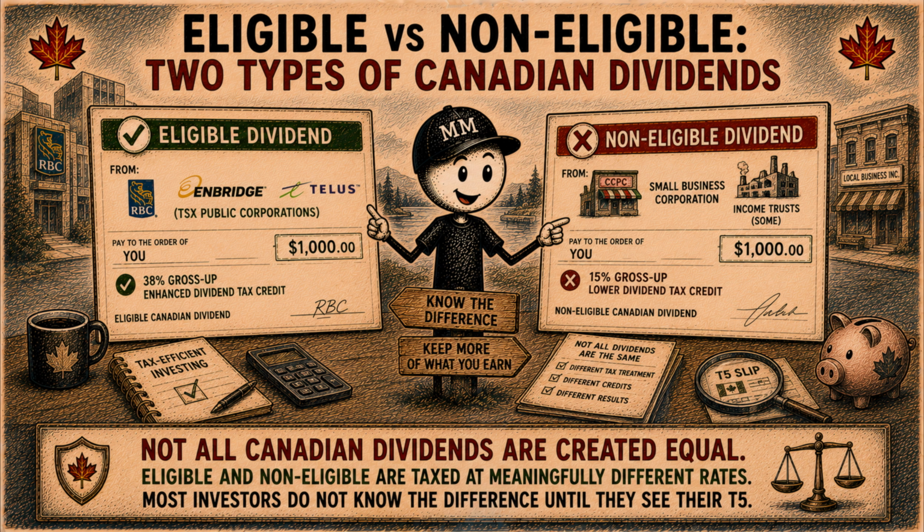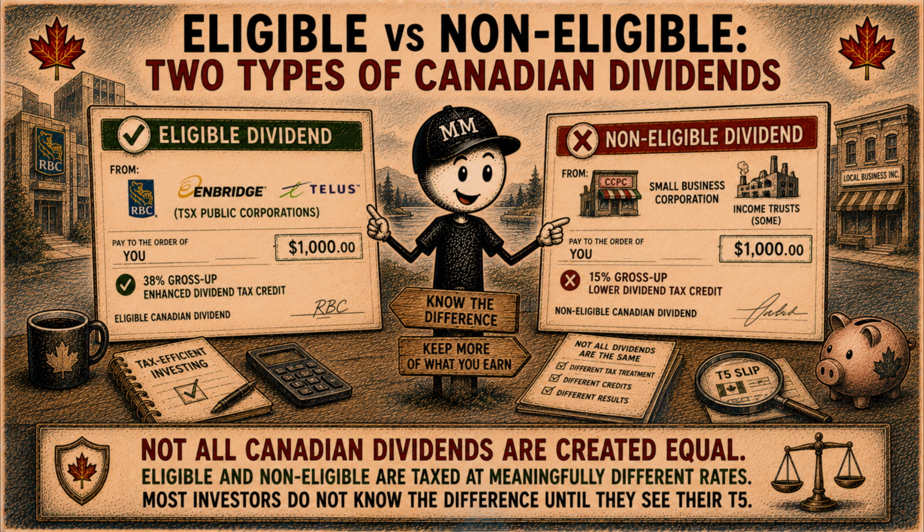Eligible dividends are paid by Canadian public corporations, the big banks, Enbridge, TELUS, Canadian Tire, and most other large companies trading on the TSX. They qualify for the full 38% gross-up and the enhanced federal dividend tax credit of 15.0198%.